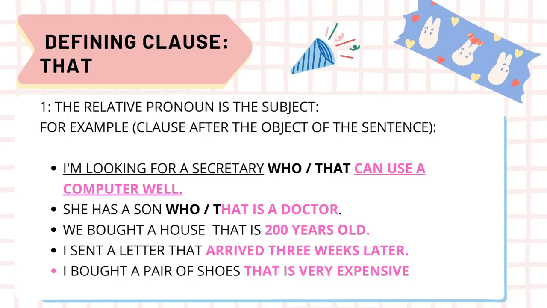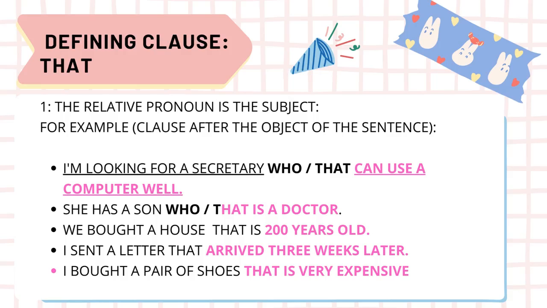So right now, we need that piece of information after the relative clause that. Okay, maybe he or she is somebody who can use the computer well. So I need to find a secretary with that kind of skill. Without that kind of skill, that is not the secretary I'm looking for.